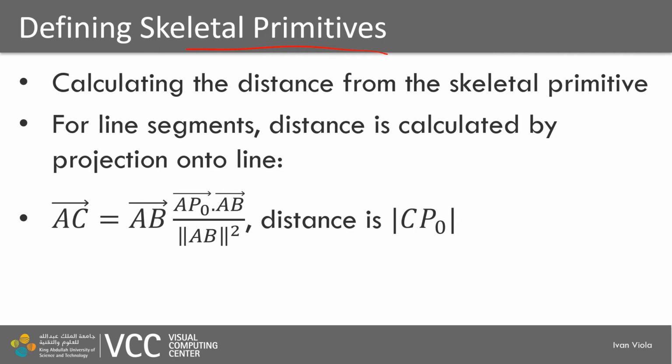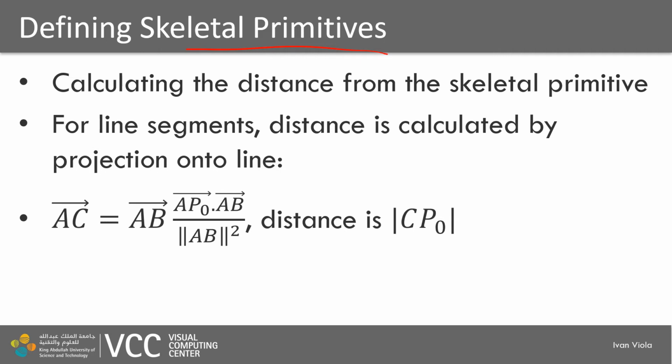If we have a point as a skeletal primitive, the distance calculation is trivial. If we have a line, then we can use some linear algebra machinery to calculate that. And if we have faces or curves, we can usually find some mathematical methodology in order to calculate the distance.